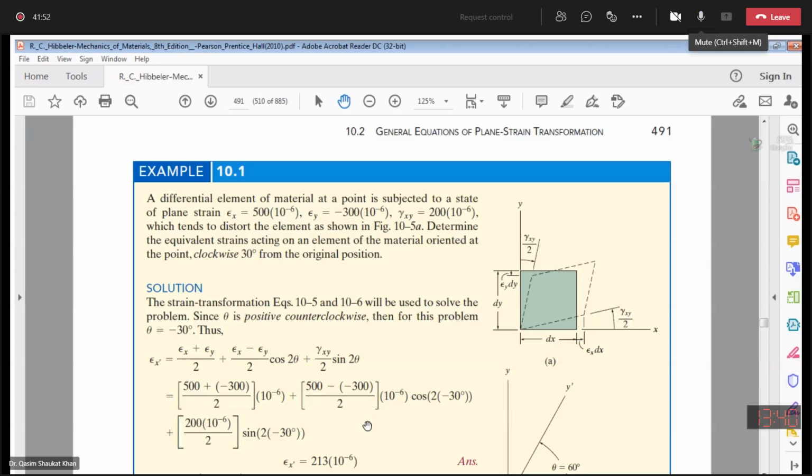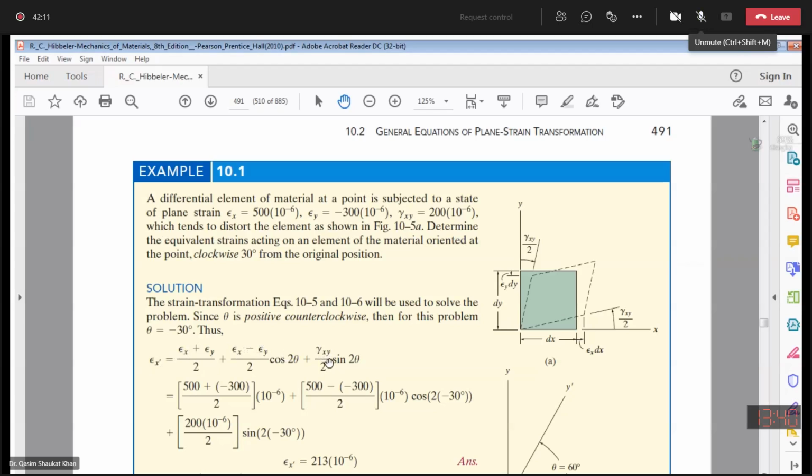It is in microstrains, because epsilon x dash is equal to epsilon x plus epsilon y over 2, plus epsilon x minus epsilon y over 2 cos 2 theta, plus gamma xy over 2 sine 2 theta.